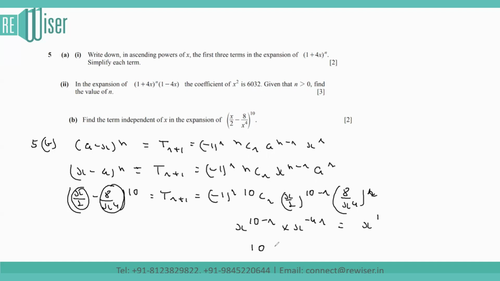So that means we can write 10 - 5r. So this is 10, this is -r, and this is -4r. And they have to find the term independent of x, so this should be 0. So the value of r that we got is equal to 2. If I place it into this equation, the coefficient becomes (-1)² into 10C2 and into 8².